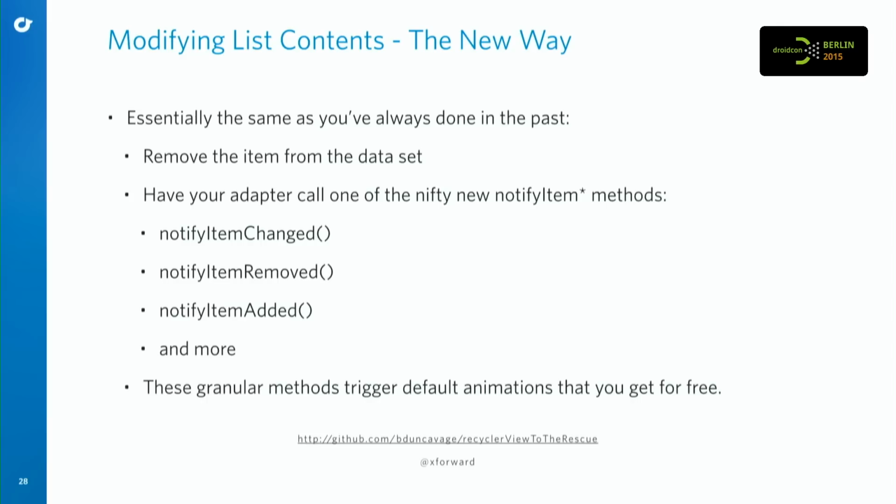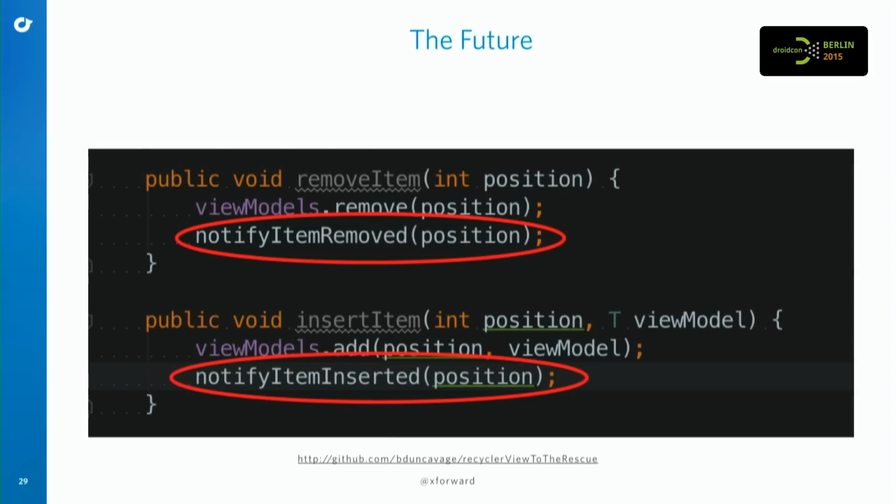I think there's one for telling that things have changed positions or been swapped. So now that the RecyclerView has a way of knowing exactly how the data set changed, it can do something smart like animate the change, because it knows exactly what happened. So that's why you get these default animations, and you don't have to do anything to turn them on. They're already there.